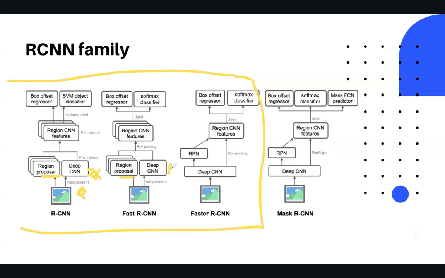Fast RCNN only goes through the CNN once, so the whole image goes through the CNN only once. And then we use selective search with ROI pooling and just a simple division to find the regions inside the convolutional feature map. And then from there, we do the classification and bounding box regression.